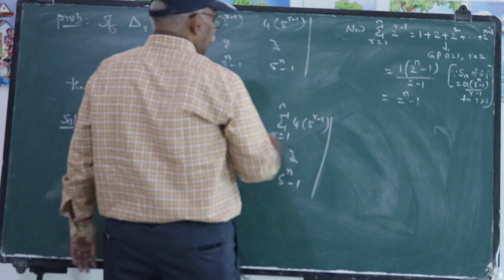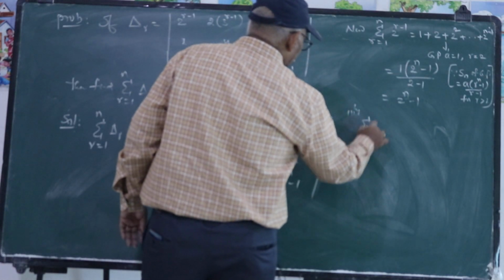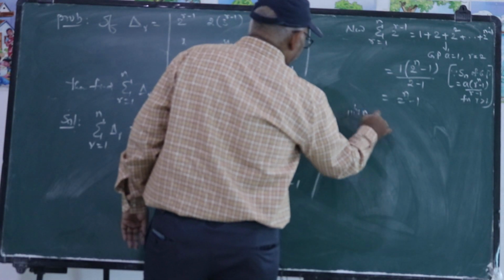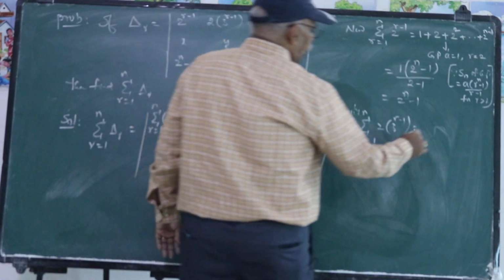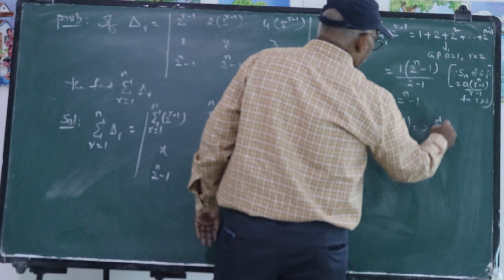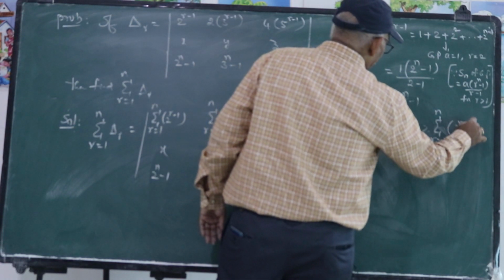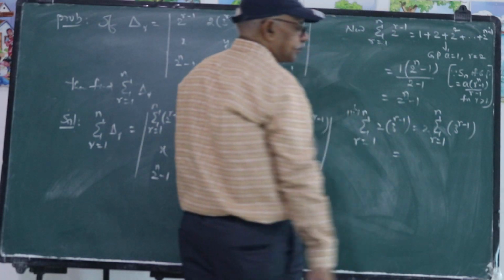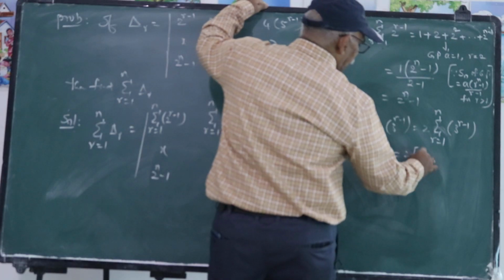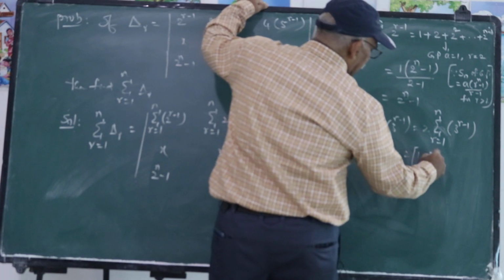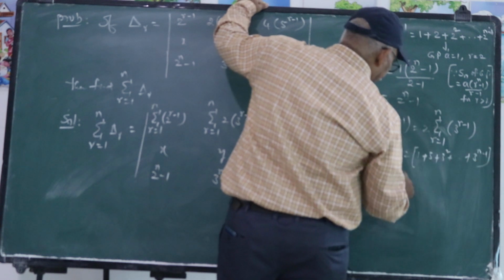Similarly, go for this one. Sigma r equal to 1 to n, 2 times 3 power r minus 1 is 2 into sigma r equal to 1 to n of 3 power r minus 1. This is 2 into (1 plus 3 plus 3 square and so on up to 3 power n minus 1).